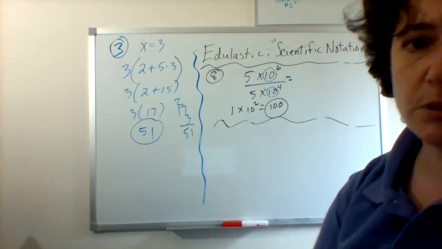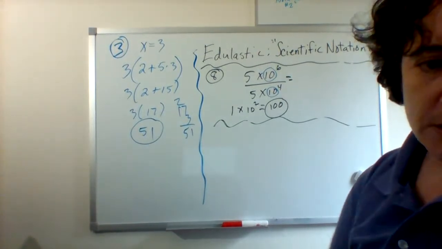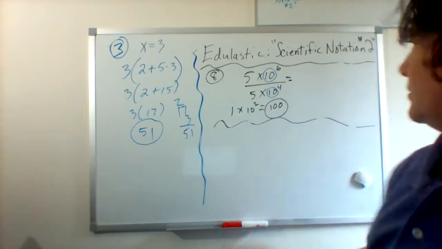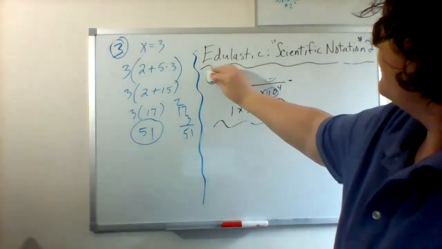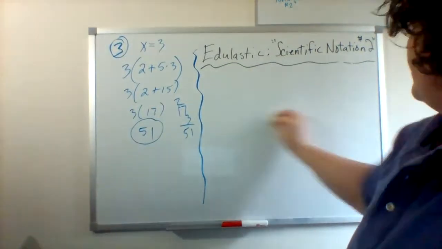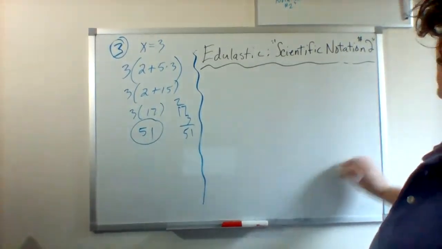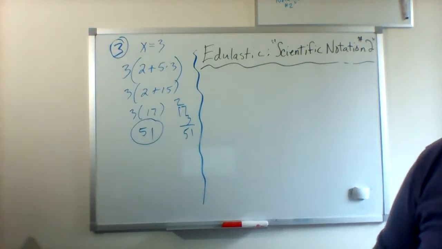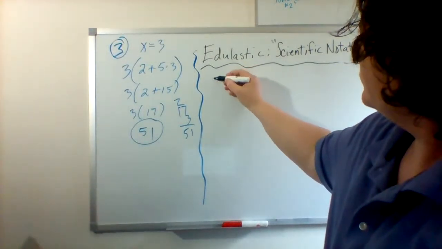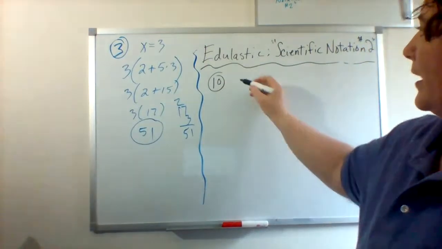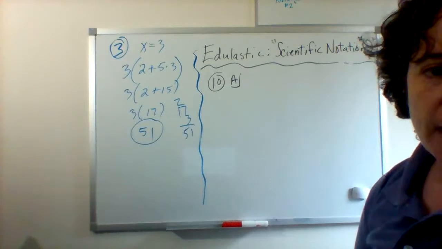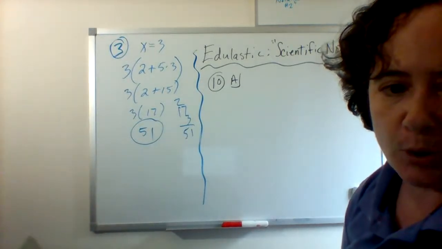Okay, number 10 has a couple of parts. So let's erase everything. Okay, so I'll put down A because we have part A. What sign makes the statement given below true?